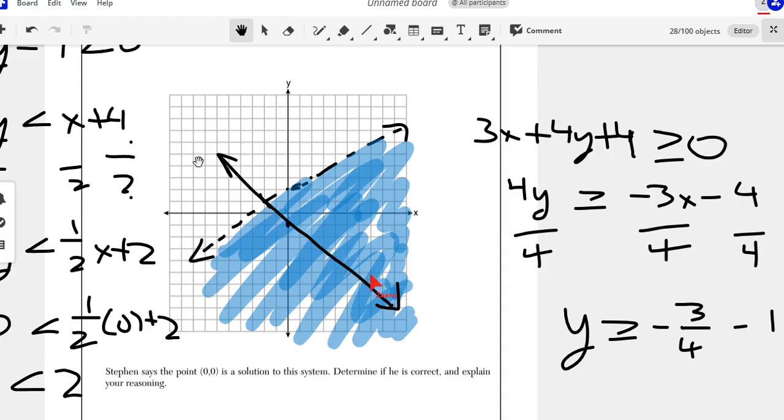Take the test point again. You can take 0, 0 because the line is not passing through 0, 0. There is only one condition: if it passes through, then we can't take it.